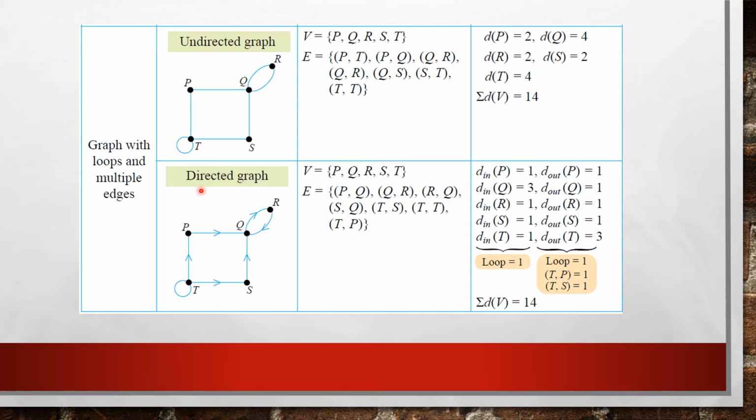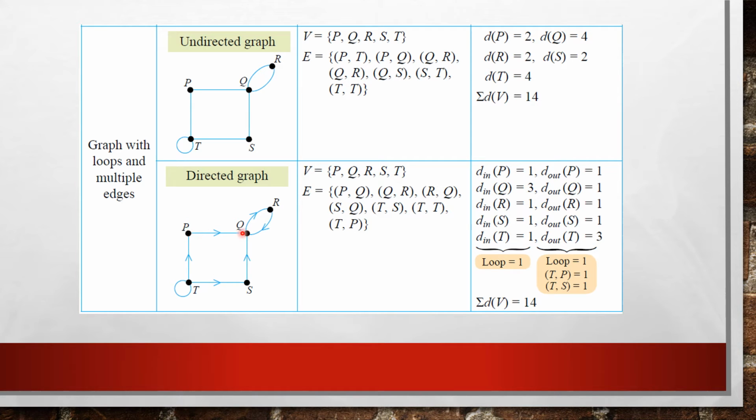Next, for a directed graph. For vertices, still the same. You write out the dots P, Q, R, S, T. Now for edges, you have to take note that for a directed graph you have arrows, so you have to follow the arrows.